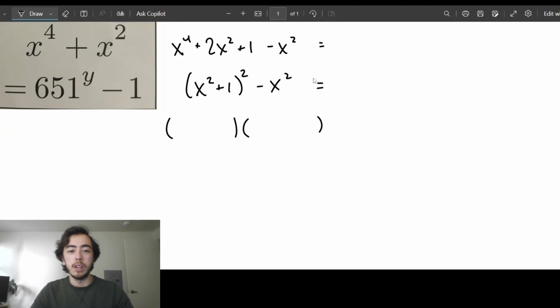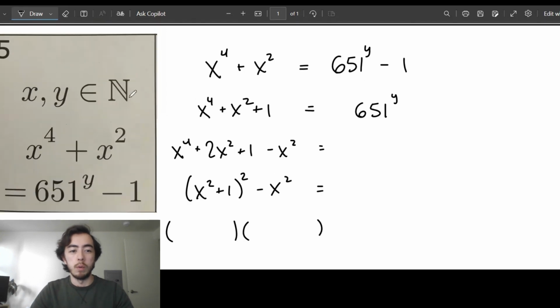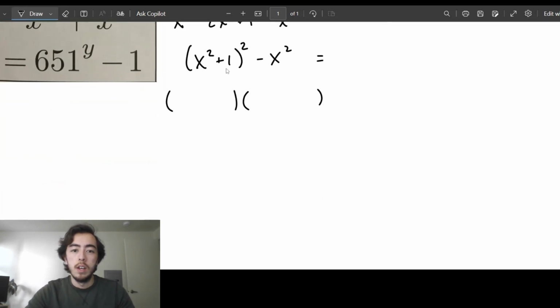And again, the goal here is to think of these numbers in terms of factors or divisors, because that's usually a good strategy whenever you're working with only the natural numbers. So if I have a squared minus b squared, I know that I can write it as a plus b and a minus b. And a in this case is just what's on the inside of these parentheses, so x squared plus 1, and then b is going to just be that x right there.